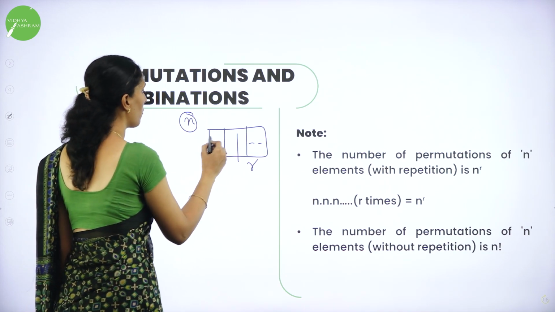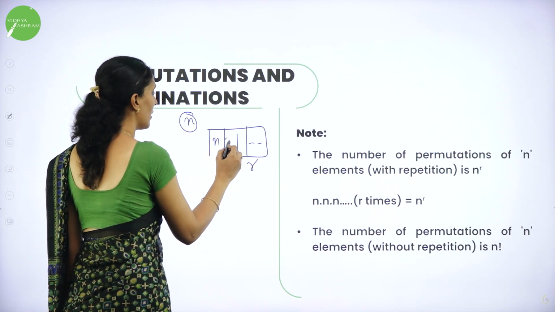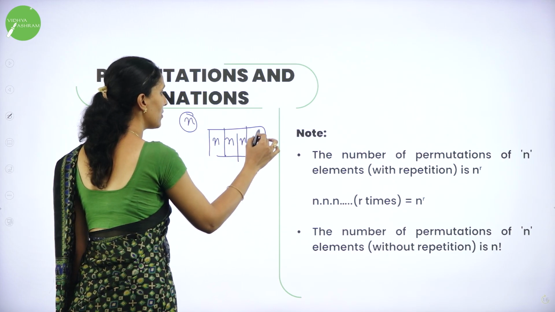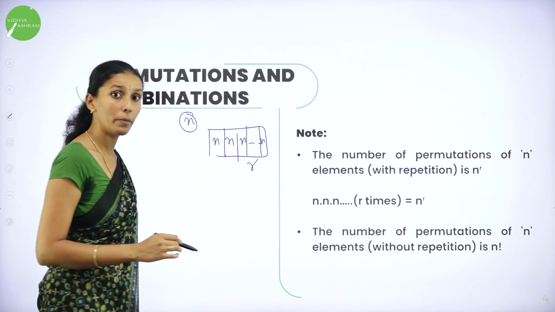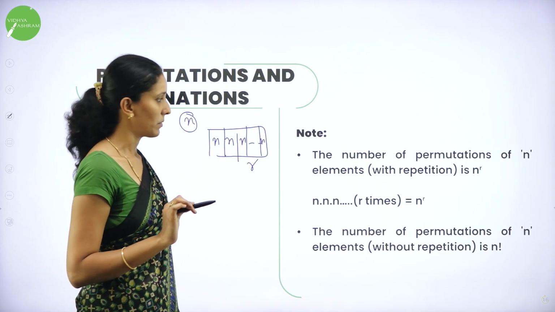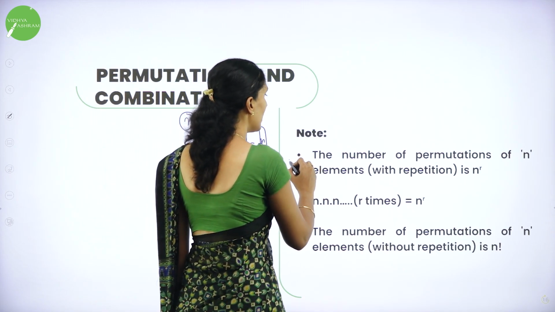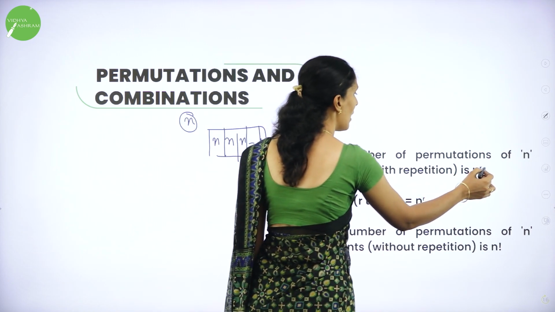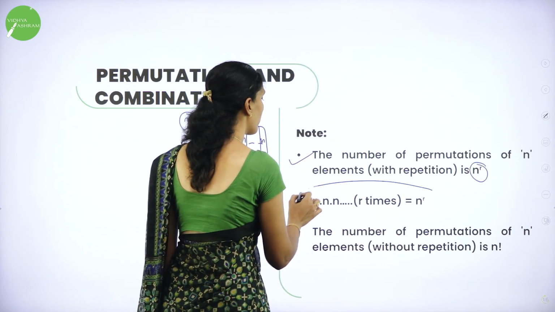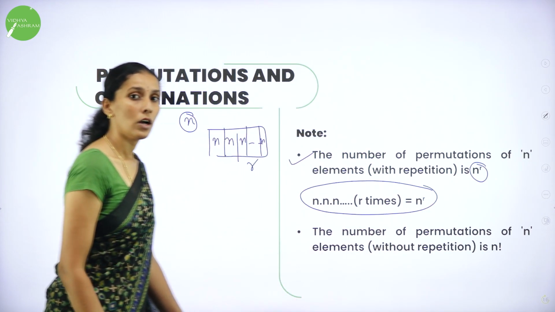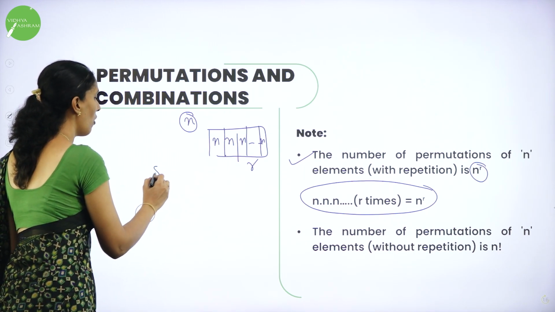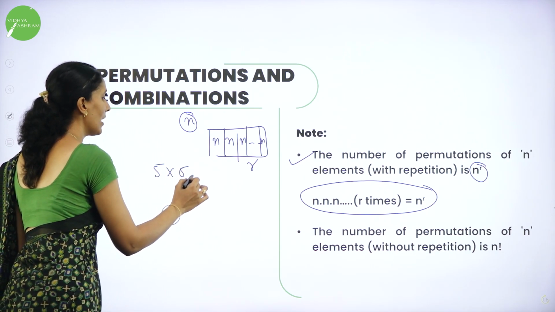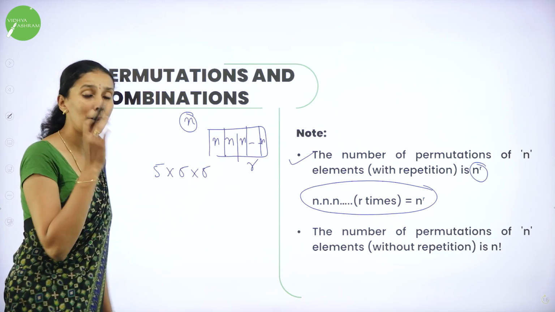In all R places you can write n, n, n, similarly the last one you can write n. So R number of times. Therefore, the number of permutations of n elements is n power R. You can see this in the example of 5 into 5 into 5. So how many places did we have there?